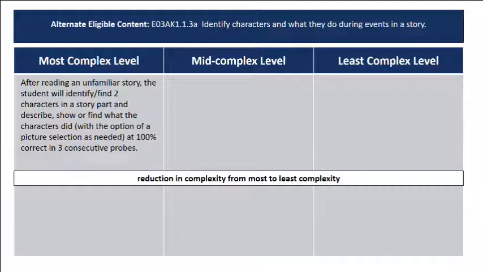We did for this webinar today, but you could just as easily, next to that content target on your essentialized example, jot in that I want them to do it 100% in 3 consecutive check-ins with them. Or 3 different stories, and they do it 100%. Then I know they've got it and I can move on.